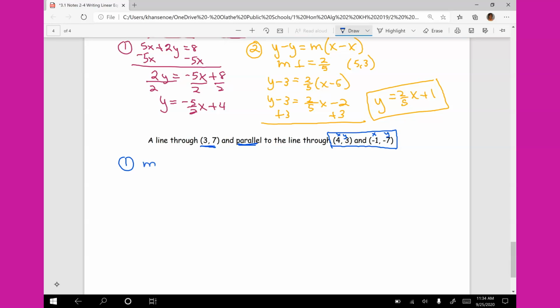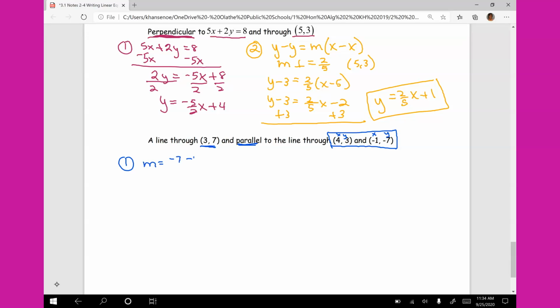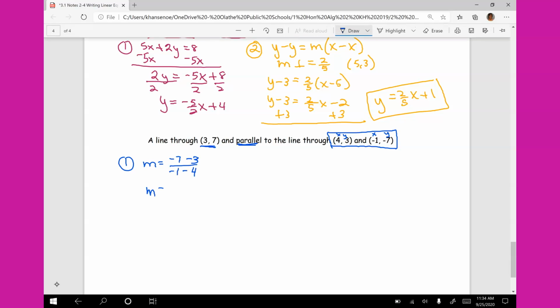So I have slope equals -7 minus 3 over -1 minus 4. Slope equals -10 over -5. So my slope is 2. I want my slope that is parallel to that to do the next one. So my parallel slope, which you will need to show me, equals 2 because they're the same.